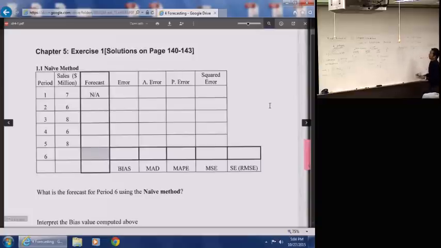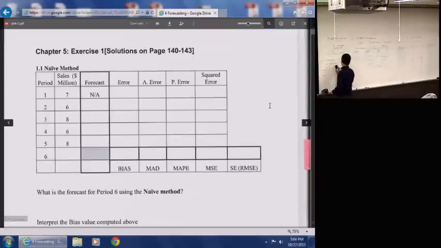But the bottom line, the result is going to be the same, right? You just choose the lower SE, the lower the better.